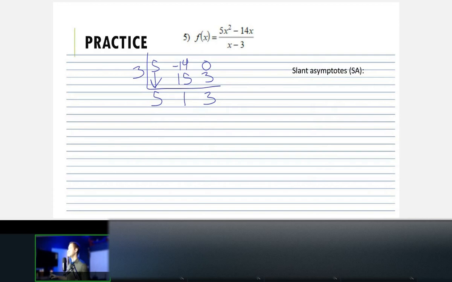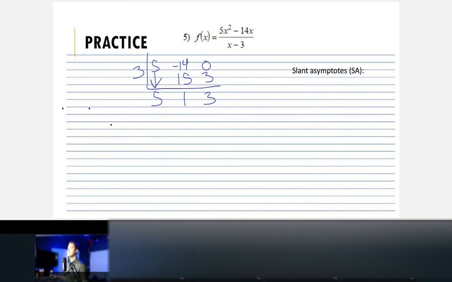So looks like people in chat who have written it out got it right. y equals 5x plus 1. Remember, when we divide, the answer is 1 less power, right? So this becomes 5x, and then there's your constant, and then there's your remainder.